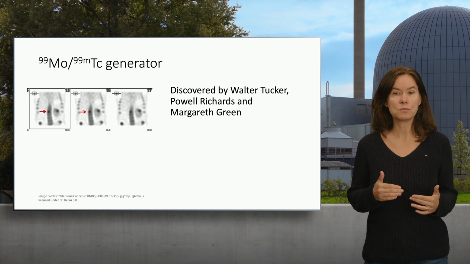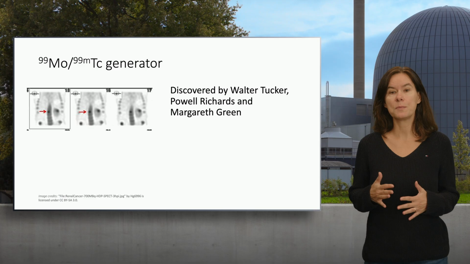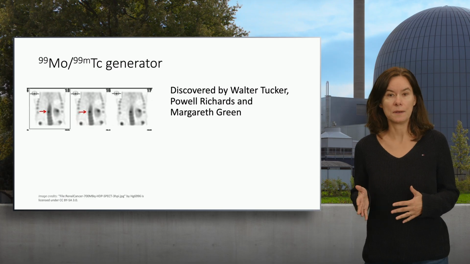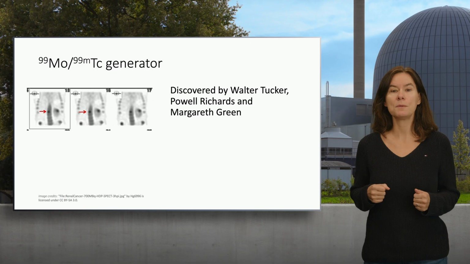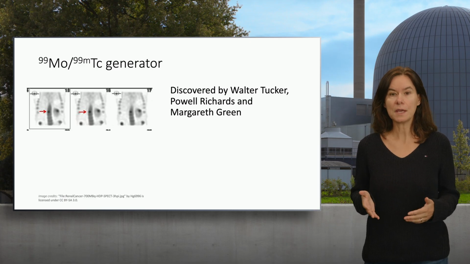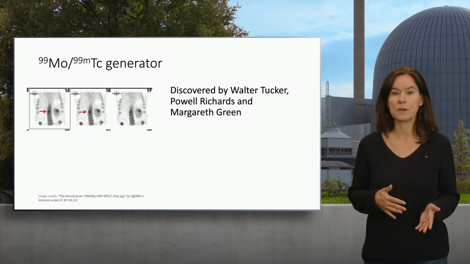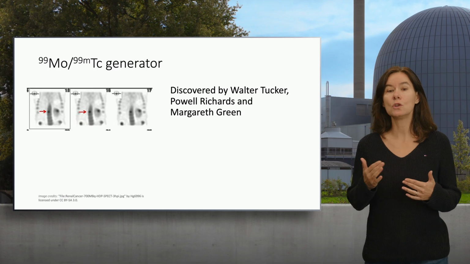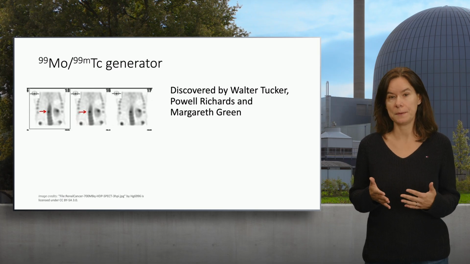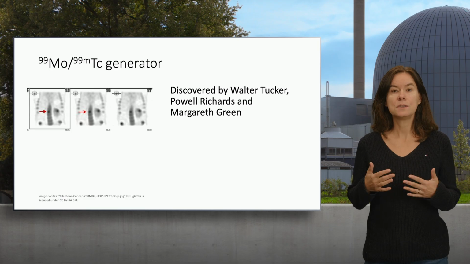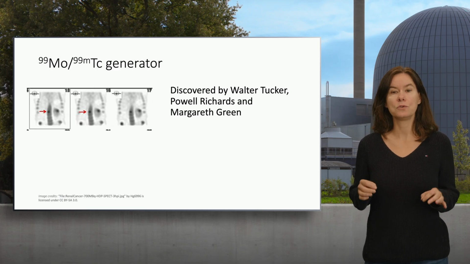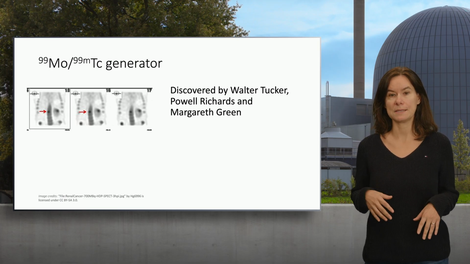The molybdenum technetium generator was for the first time prepared by Tucker, Richard, and Green. Except at that time they didn't have any idea what can be done with such a device. They had discovered that molybdenum can be separated from technetium and that elution can be carried out repeatedly. But what could you do with that? Little did they know that this generator would be the most often used one in the history of nuclear medicine.